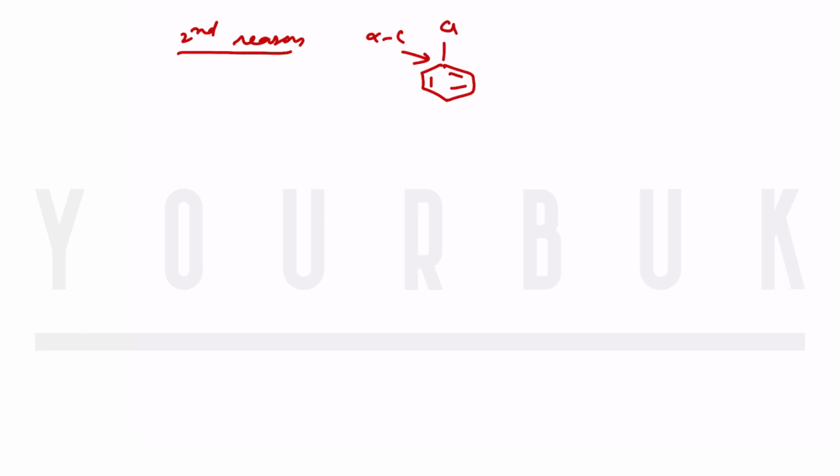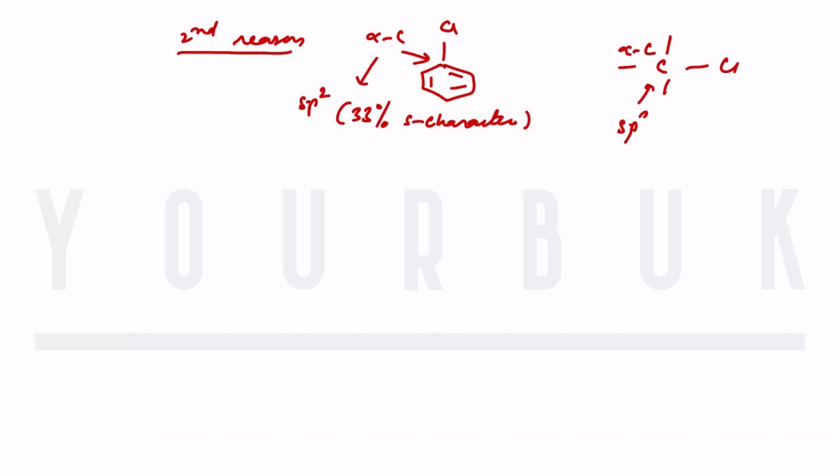And this alpha carbon is sp2 hybridized, has 33% s character. But the alpha carbon in chloroalkane is sp3 hybridized, has 25% s character.